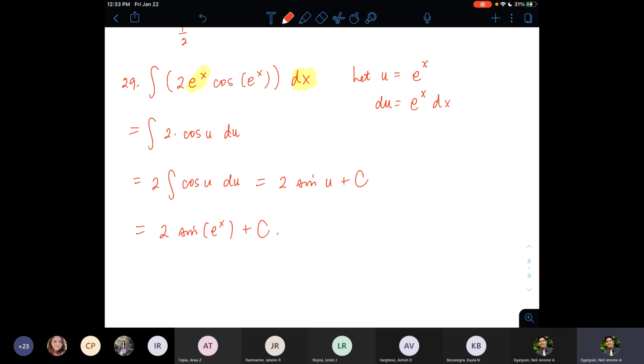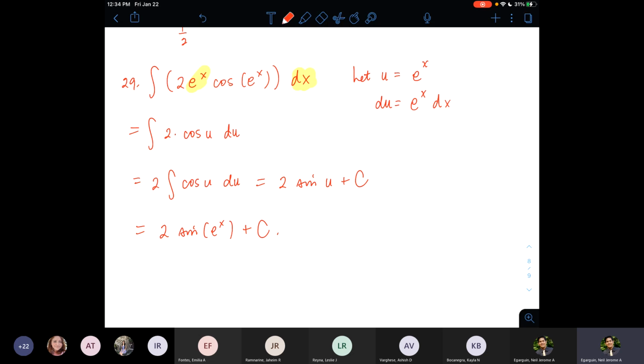I have a really quick question about number 29. Sure, go ahead. Could you use the e to the x in the parentheses of cosine, or is that not possible? That's not possible because e to the x is inside a cosine function, so it cannot go out of the cosine unless you apply some trig identities.